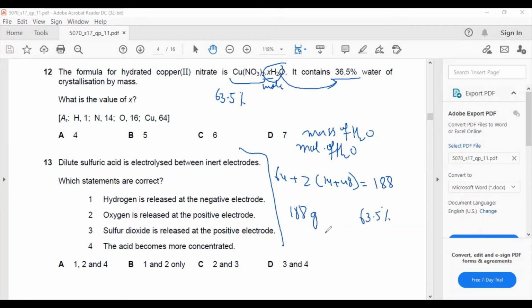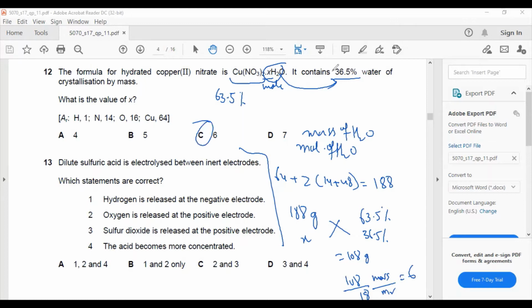So 36.5% is how much mass? You cross multiply, you will get 108 approximately, so gram. So convert into mole: mass upon Mr, 108 over 18, is 6. It means C is the answer.